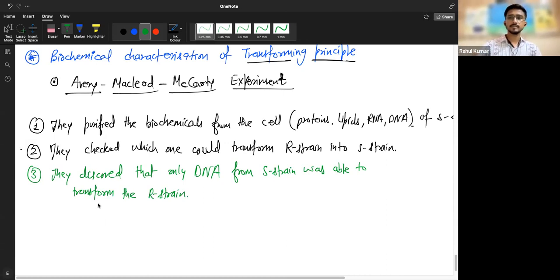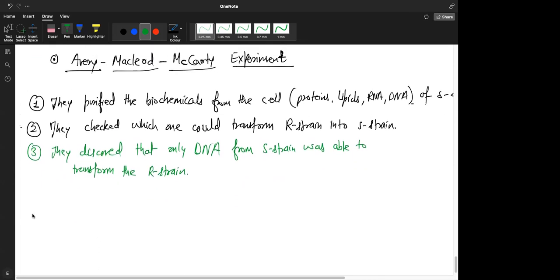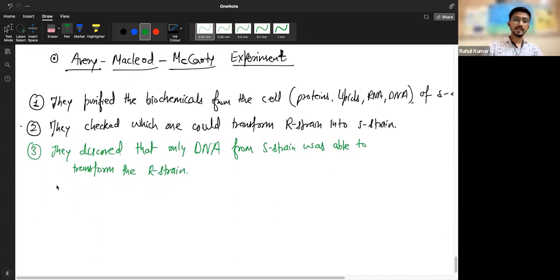Do you think it is proof enough to say that DNA is the genetic material? Yeah, sir. Yeah, I also think so. But the way these experiments were conducted, and as a result, what I'm writing in green are the results. They also, to cross check, used enzymes.